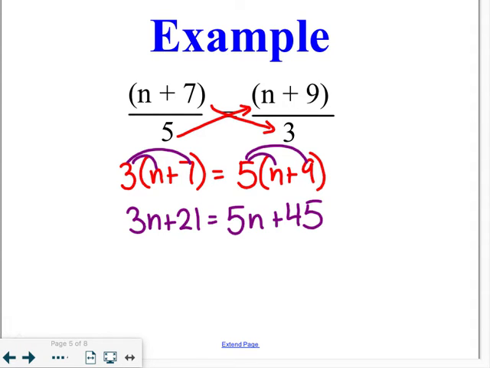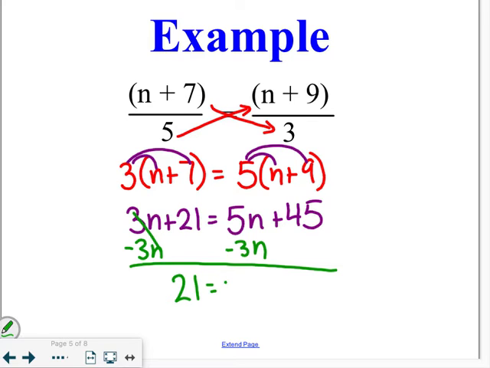Again, trying to combine our variables first. We're going to subtract 3n from both sides, leaving us with 21 is equal to 2n plus 45.